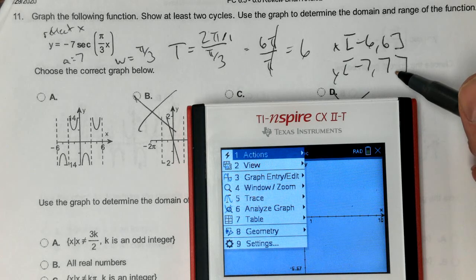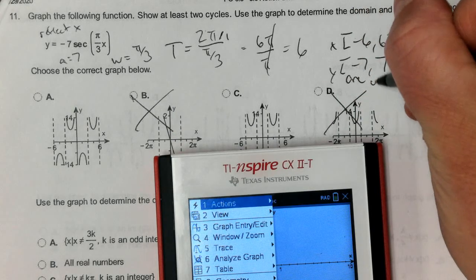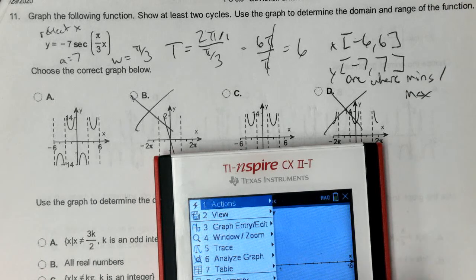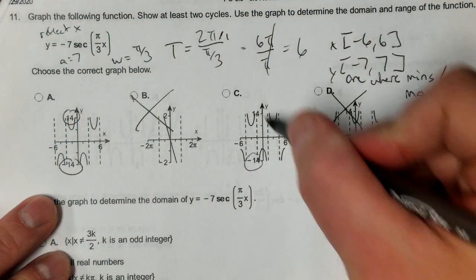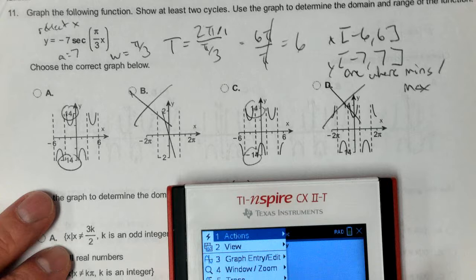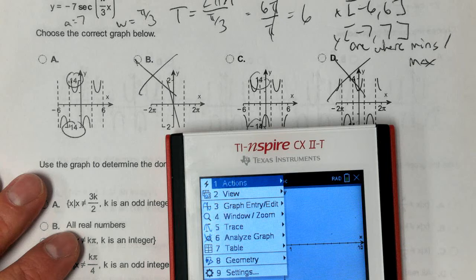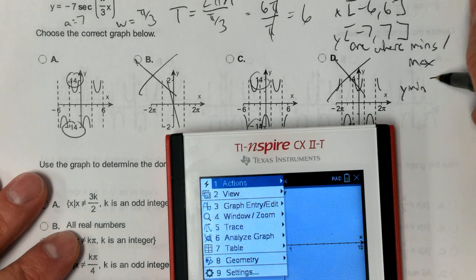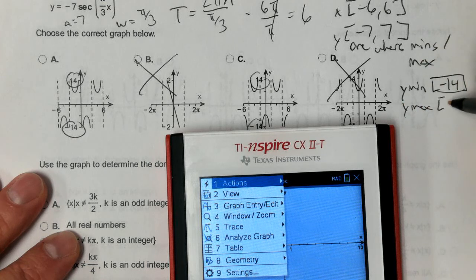I made a little mistake here. So negative 7 and 7 for y are where there's minimums and maximums. If you look at all of these, they go from negative 14 to 14. So I need to change my window. Y min is going to be negative 14, and y max will be positive 14.